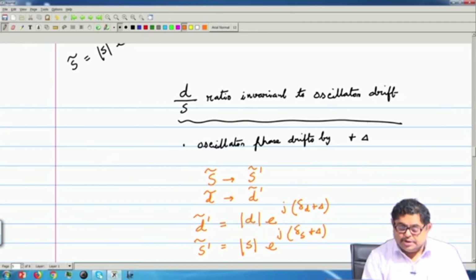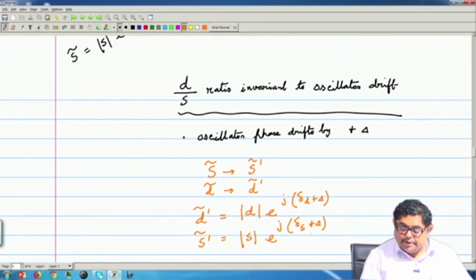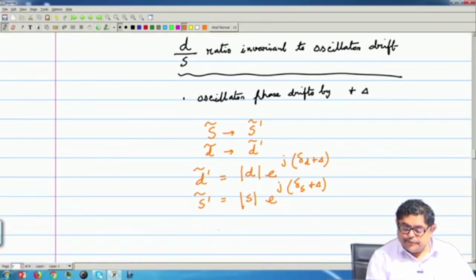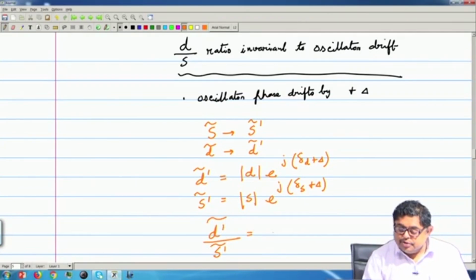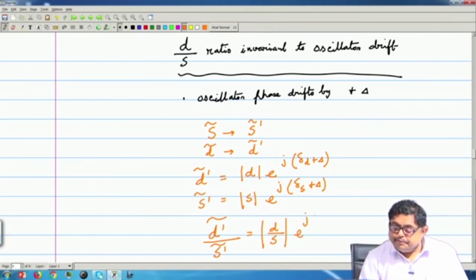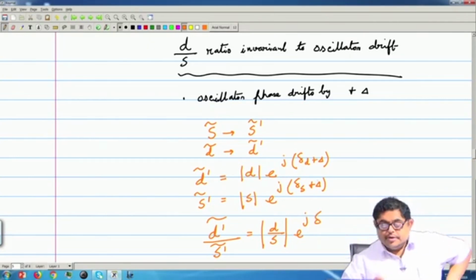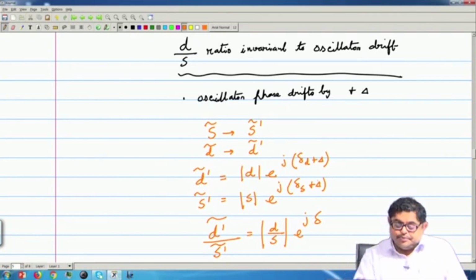So, their values have changed, but you see what is happening to D dashed by S dashed. This is D by S e to the power j delta, as before. So, it proves that the oscillator phase does not change the ratio.